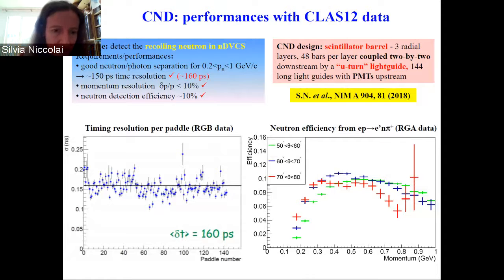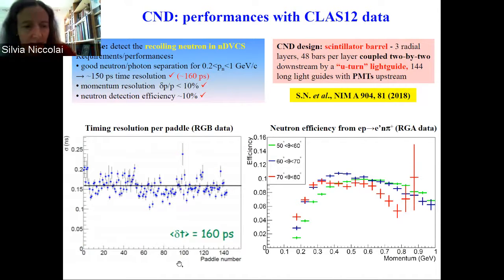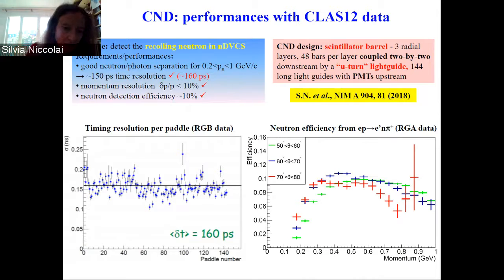And we have used data to verify the performances of the detector. We have here a distribution of the timing resolution extracted from RGB data as a function of paddle, and on average we are at about 160 picosecond, which is slightly worse than the requirements.